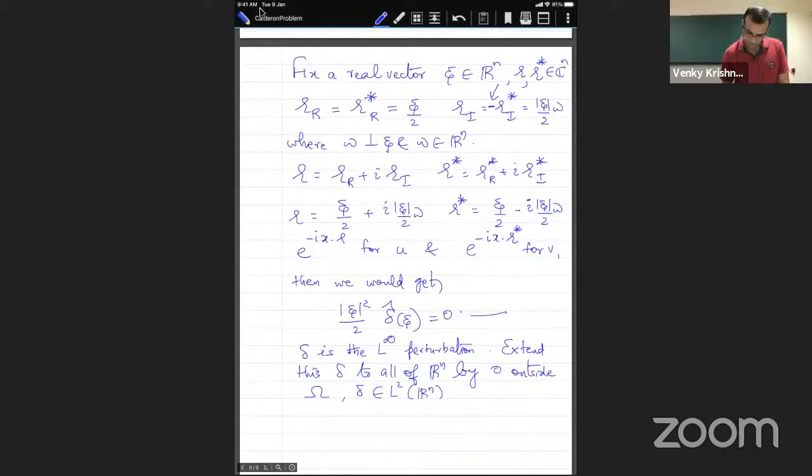And now from this equation, we have that mod c squared by 2 times delta hat of c is equal to 0. So from here, this would imply that delta is equal to 0 almost everywhere. So therefore, the linearized Calderon problem is done.